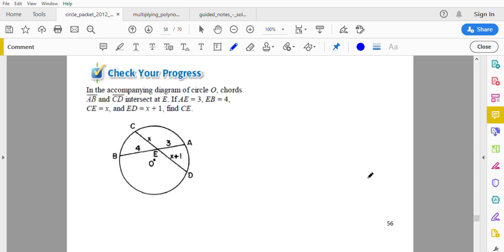Again, here, if we have these two things, 3 times 4 is equal to x times x plus 1. So I have x times x plus 1 is equal to 3 times 4. So what do we have? We have x squared plus x is equal to 12.